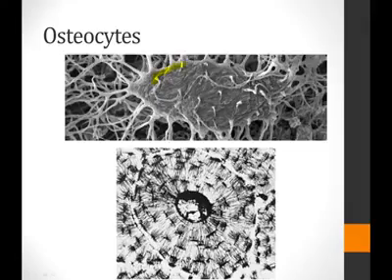This is a space called a lacuna, which is occupied by a single osteocyte. One osteocyte occupies one lacuna. Because these osteocytes have numerous cytoplasmic extensions called the osteocytic processes or the cytoplasmic processes, they require the extensions of the lacunae to accommodate themselves.